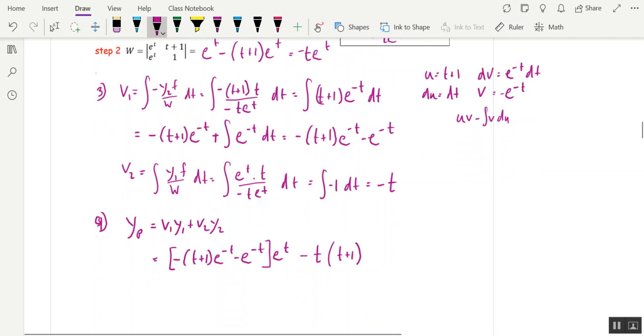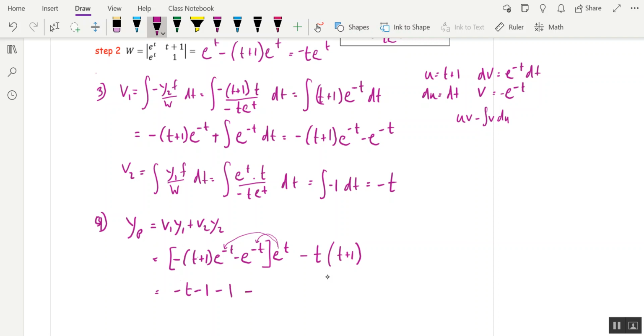Okay, so this is going to simplify quite a bit. When I distribute this e to the t to this guy and to this guy, I get 1 because you add the exponents, I get e to the 0 and then e to the 0. So if I simplify, I get negative, I'm going to distribute the minus, negative t minus 1. And then here I'm going to get minus 1.